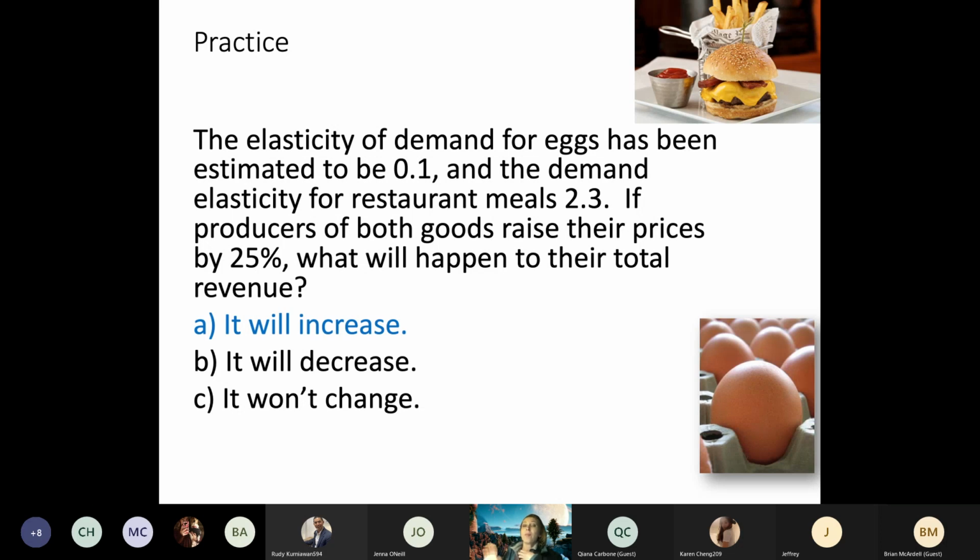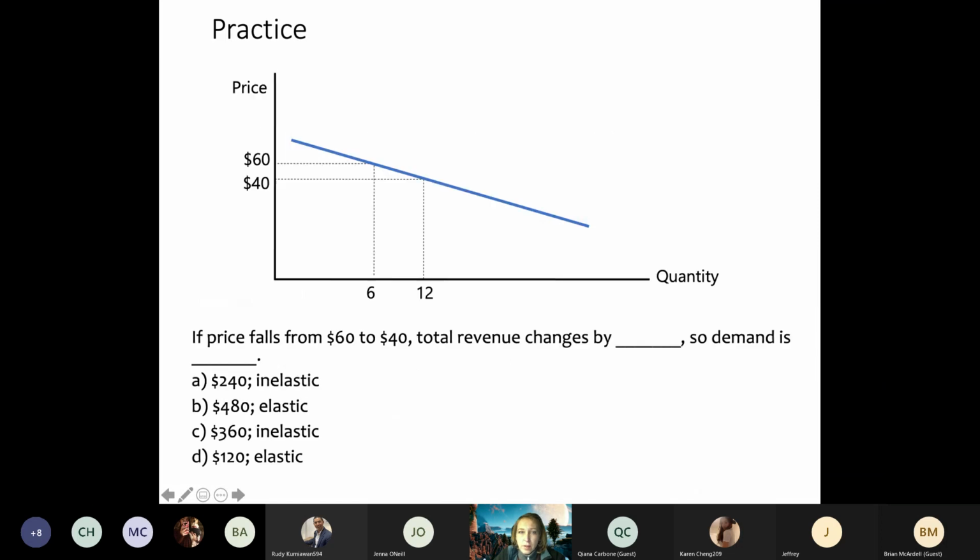Maybe the reputation of some restaurants makes the demand for their meals way less elastic than for meals of other restaurants. People just love a particular place and they have to go no matter what, whether the price is 25% higher or not. Sometimes it happens, rarely. But in this case, the answer would be the revenue will decrease for restaurant meals, not increase, decrease.